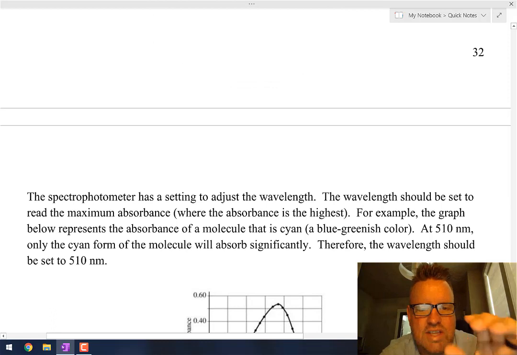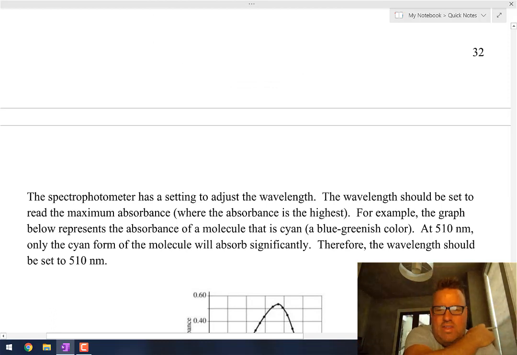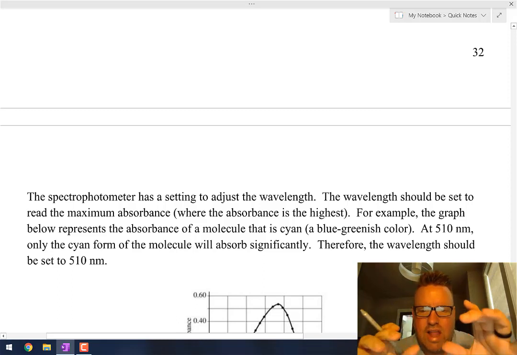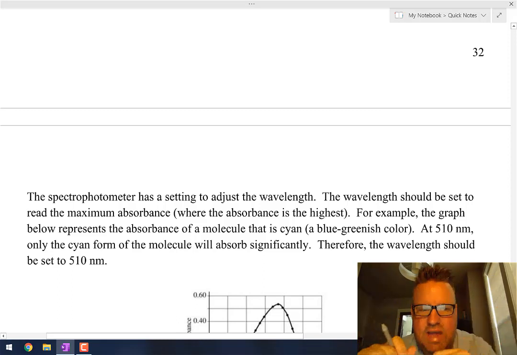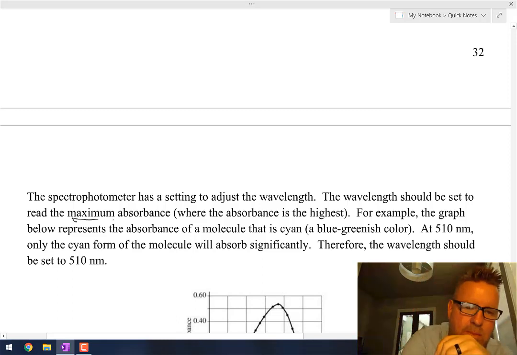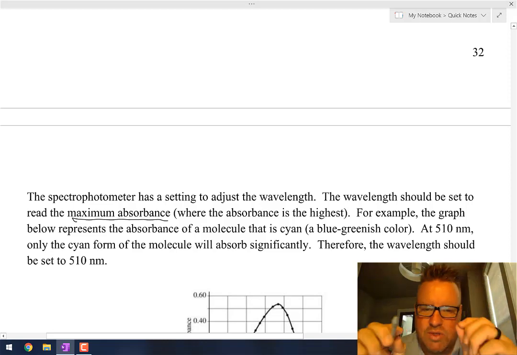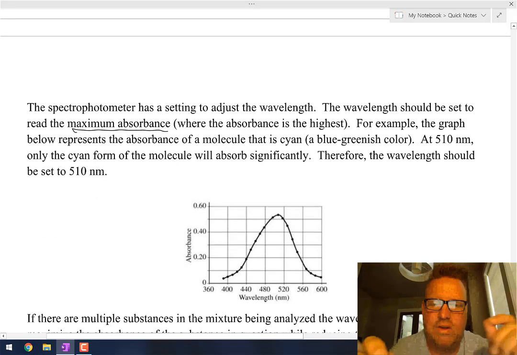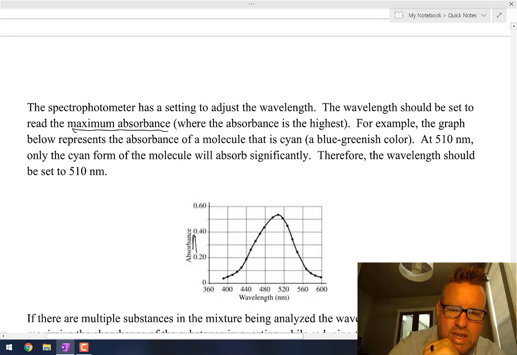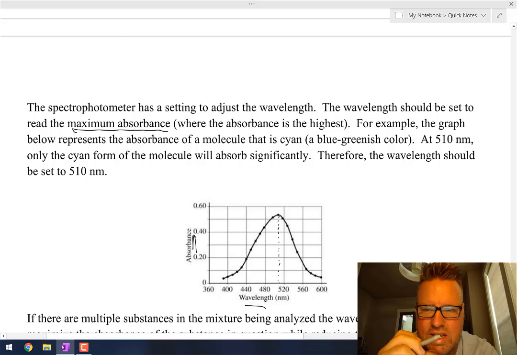One of the settings on a spectrophotometer is the wavelength. The wavelength of the light needs to be set where you can read the maximum absorbance, where the absorbance is going to be the highest. Here's a graph that shows this. It shows that the absorbance is greatest at a wavelength of right around, let's say, 510 or so.